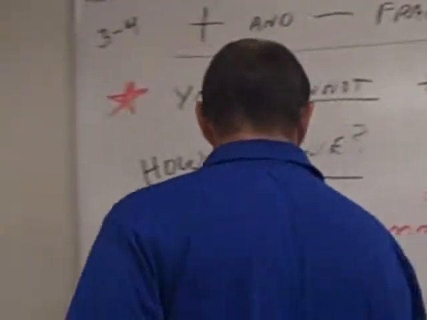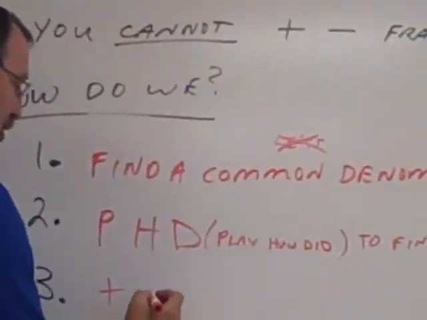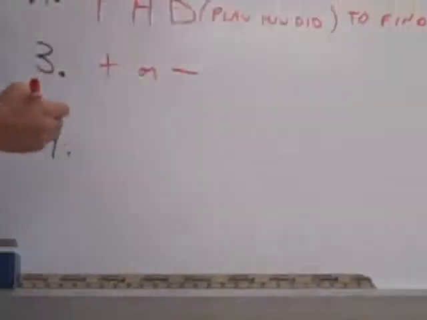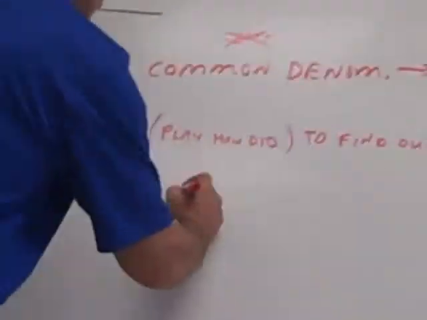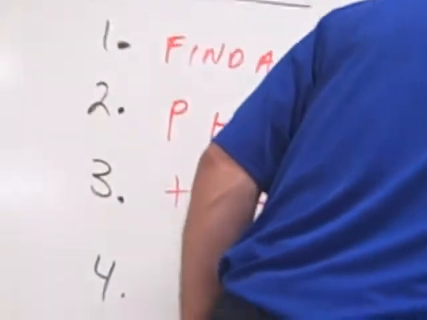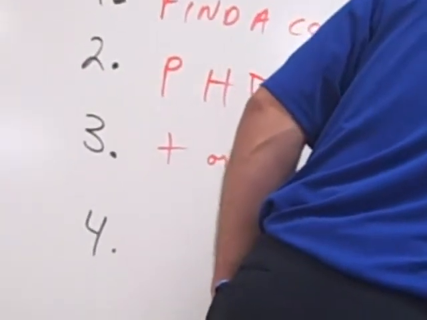So step 3, boom or boom. So now we can add or subtract the numers and keep what? Keep the denominator. The same denoms.